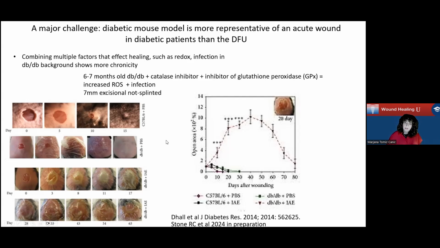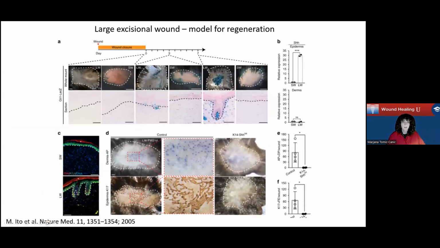Again, the point is that eventually all of these mouse wounds will heal, obviously with different levels of complexity, and the time by which healing is delayed and the amount is different depending on the model.